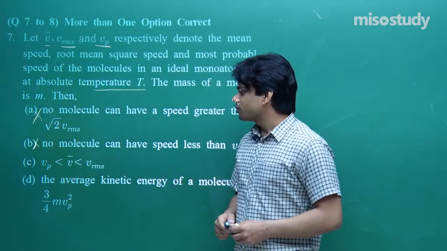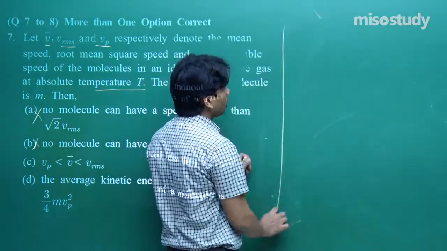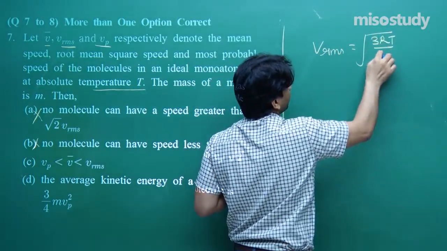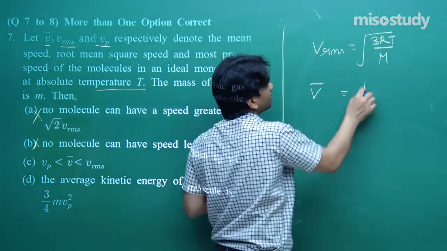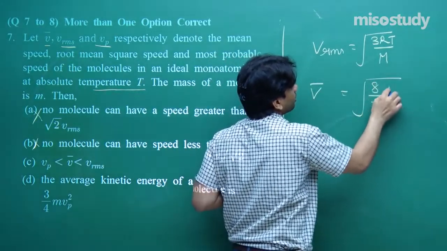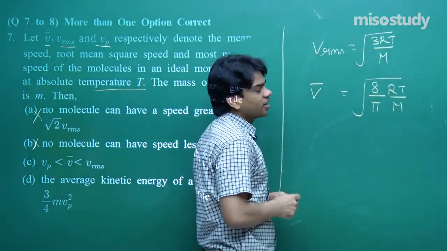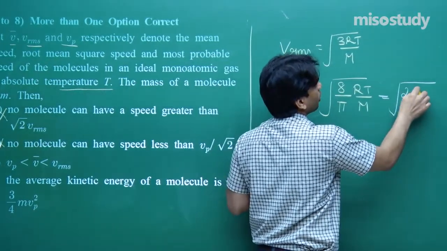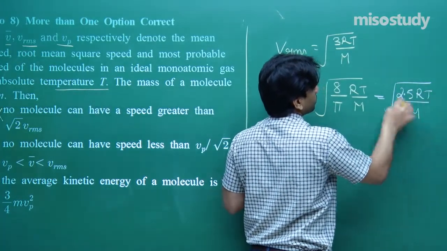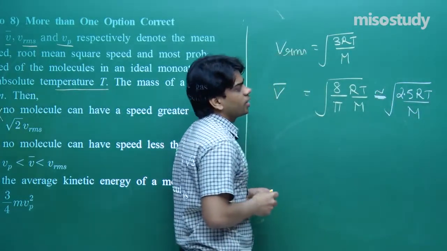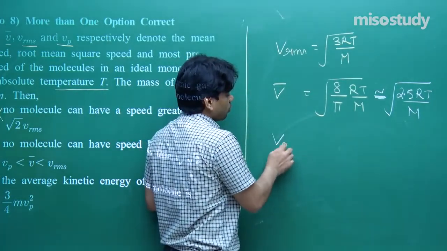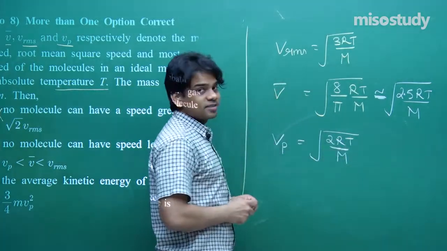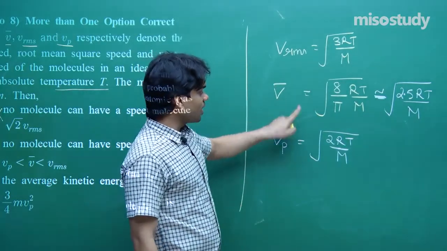Now there's a relation between V RMS, V bar and Vp. First of all, let me give you the formula for V RMS: under root 3 RT by M. Now V bar is equal to under root 8 by pi RT by M, which is nearly equal to under root 2.5 RT by M. Next, most probable speed is equal to under root 2 RT by M. So we are getting V RMS is the highest, then V bar, then Vp is the lowest.